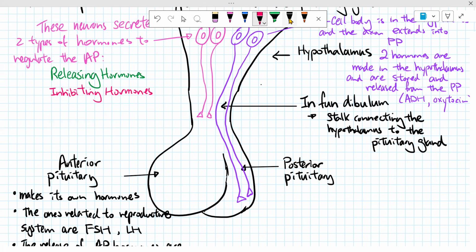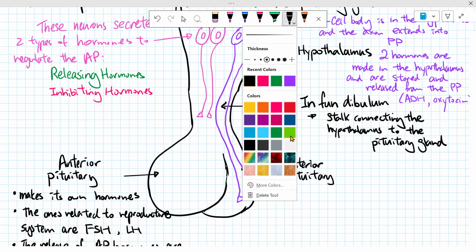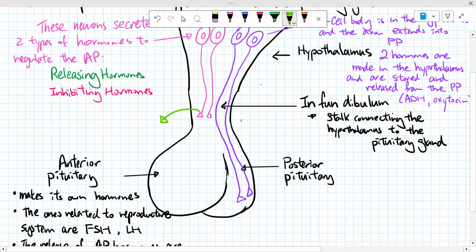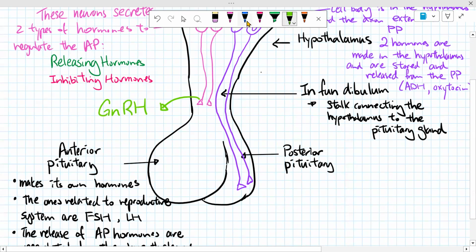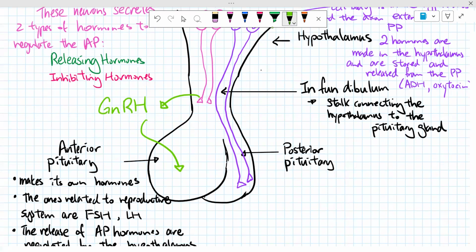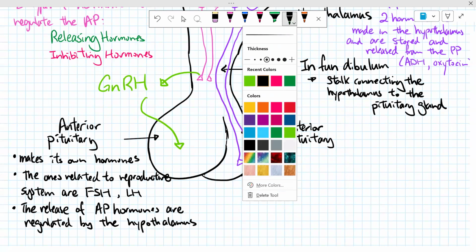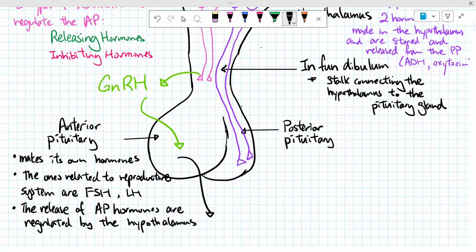Okay. So there are many different kinds of releasing hormones and inhibiting hormones. The one we are talking about right now is called GnRH. You know it's a releasing hormone because it ends in RH. This is a very long name: gonadotropin releasing hormone. We'll write it down later. So the GnRH is like a green light, and it will go and tell the pituitary gland, hey, you have the go ahead, you have the permission to release LH and FSH.